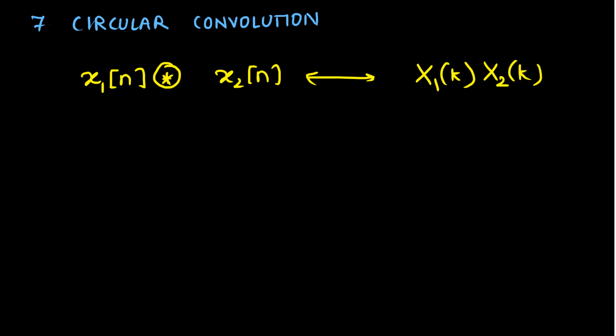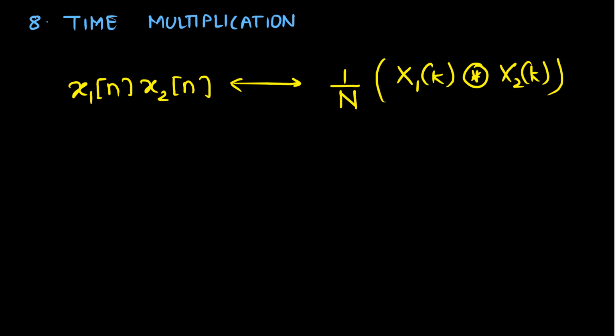Further, we had already seen circular convolution, so we just revised that if we have circular convolution in time domain, we get multiplication in the frequency domain. Similarly, if we have multiplication in time domain, we get circular convolution in the frequency domain, but with a factor of 1 by N.